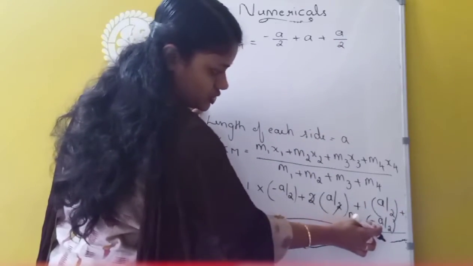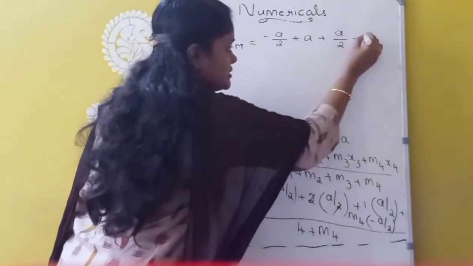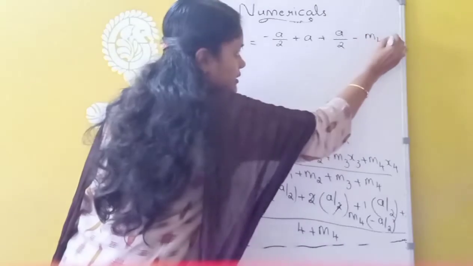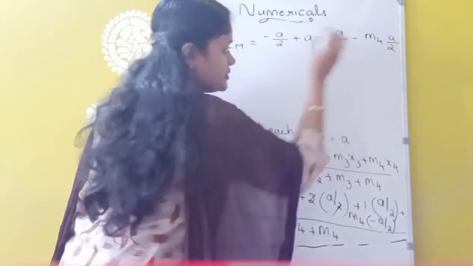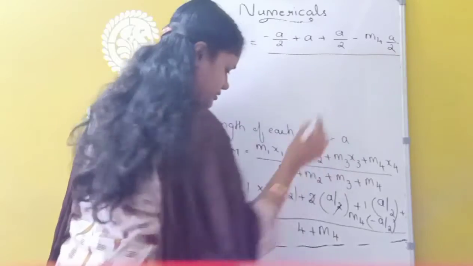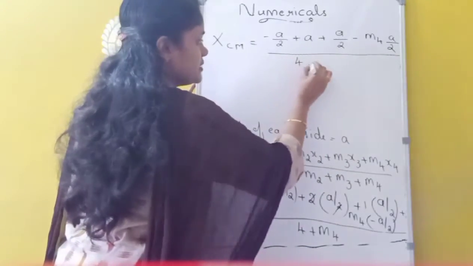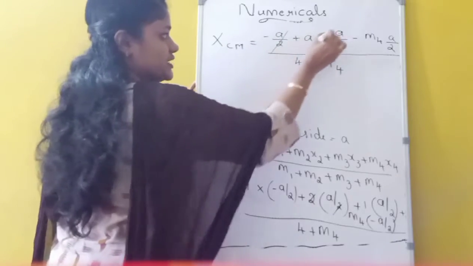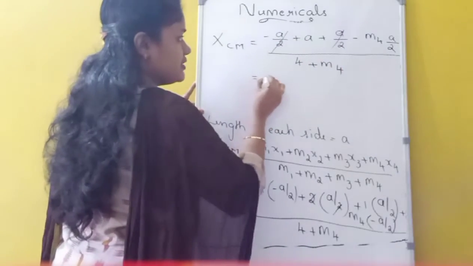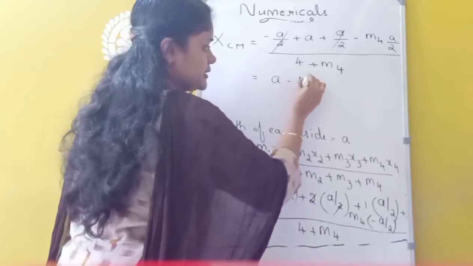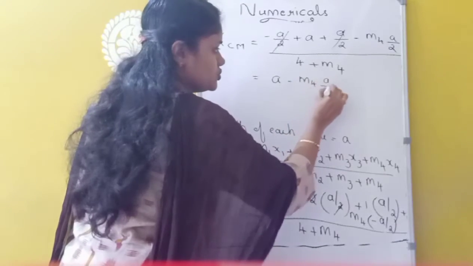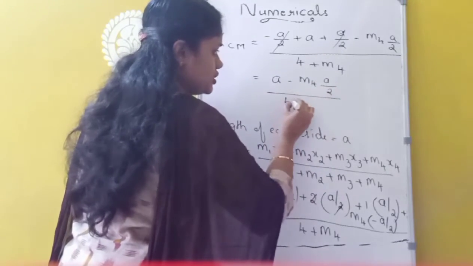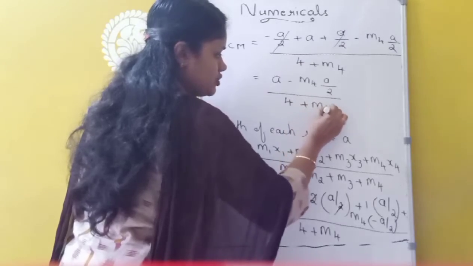Again plus M4 into minus A by 2, that means minus M4 A by 2. The whole divided by 4 plus M4. And here minus A by 2 plus A by 2 cancel. Remaining we have A minus M4 A by 2, the whole divided by 4 plus M4.